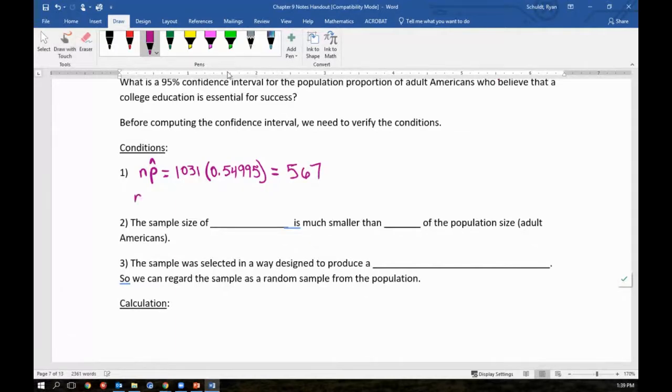Then we have to do n times 1 minus p hat. If you wrote q, it would be q hat. If you're like me, I'd rather just write q hat than 1 minus p hat. Less to write.